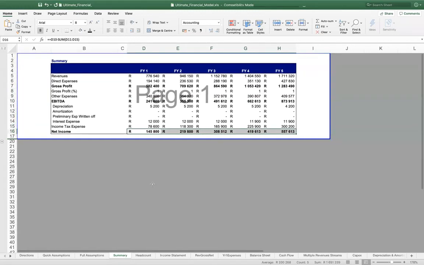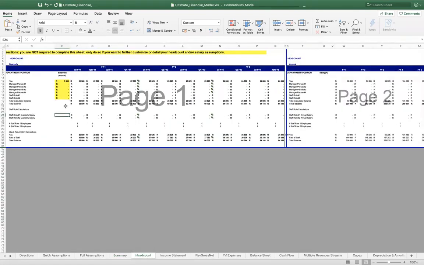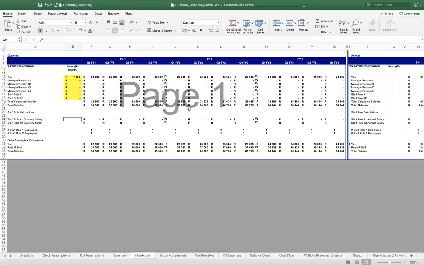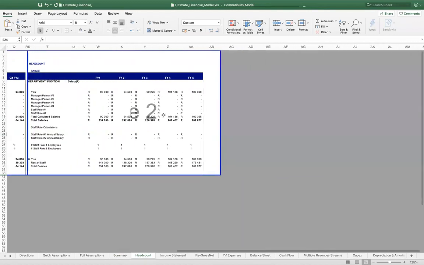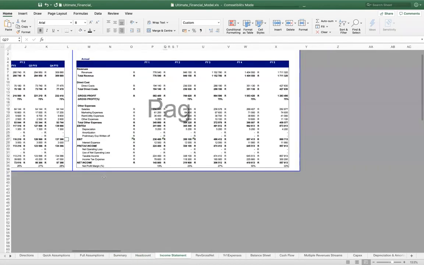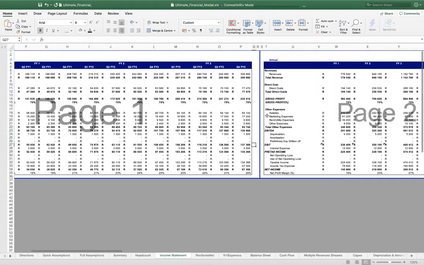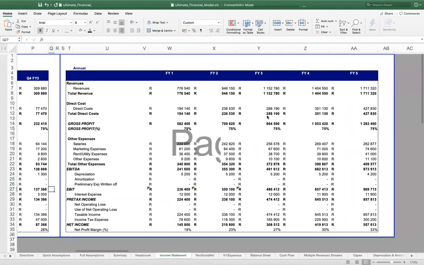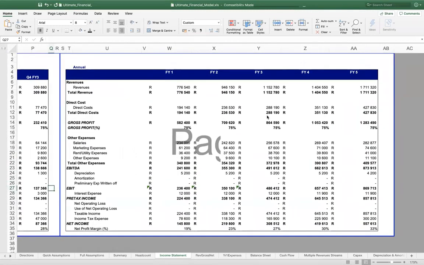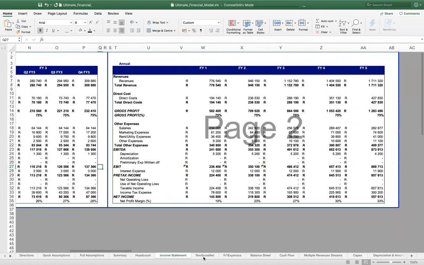You can see that it allows a forecast for headcount, so what those salaries would look like year on year, quarter on quarter, and also provides the overall detailed 5-year look at the income statement, quarter on quarter, year on year, and then also just a year on year view showing you exactly what the revenues, direct cost, gross profit, EBITDA, EBIT, and net income would be for the business. All of these outputs are automated.